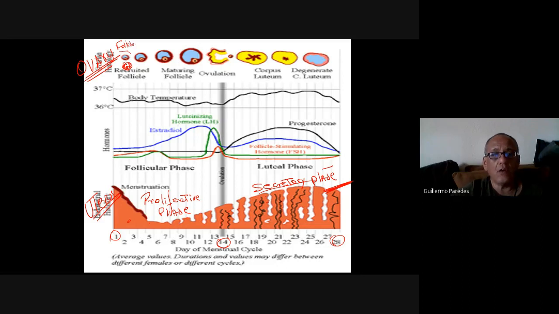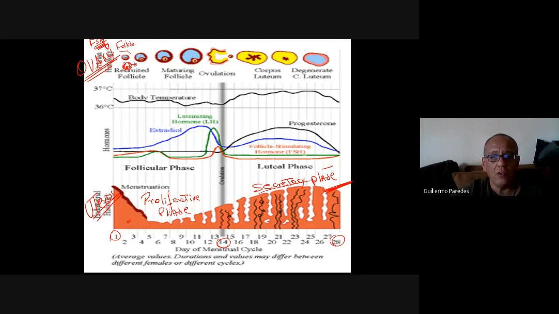These are going to proliferate and grow; 10 to 12 of these follicles wake up, and they're going to grow and grow. In the next few days, they are stimulated by the FSH, the follicle stimulating hormone.